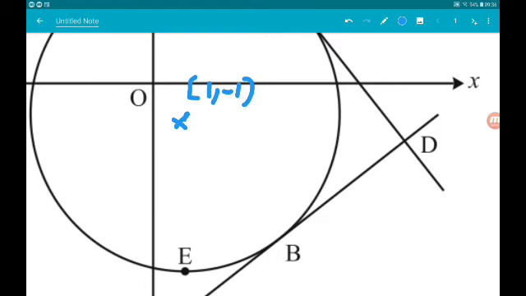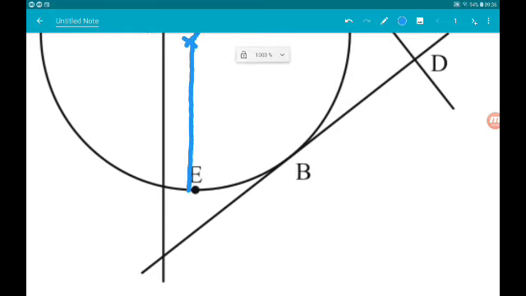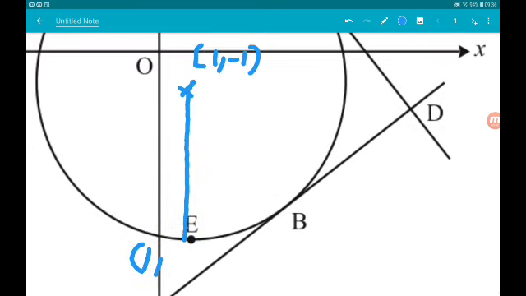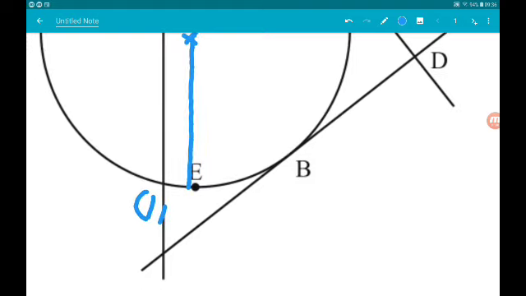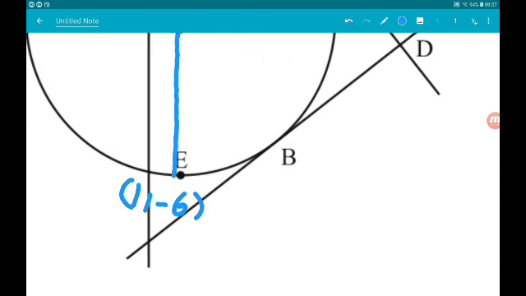So we know the x coordinate at E is 1. Now we know that this point is a radius below the centre. The radius is 5, so the y coordinate is minus 6. So we know the coordinates at B are 4, minus 5.